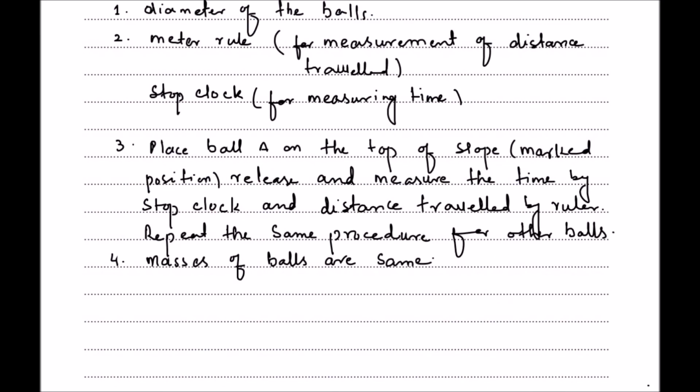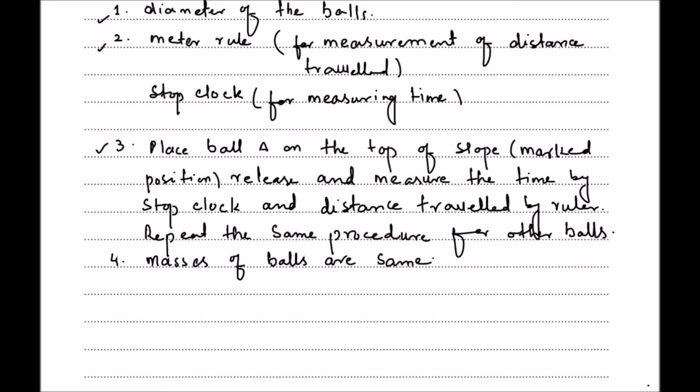So here you can see the answers of the first 4 points. Number 1 was what factor we included here, that is the diameter of the balls. Second, what are the additional apparatus we use to perform this task? Meter rule for measuring distance traveled and stop clock for measuring time.